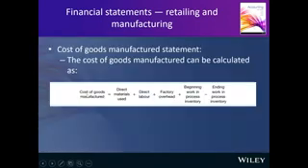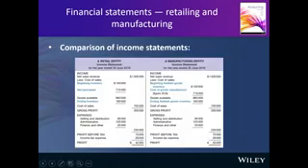Okay. So this is the formula that I showed you before this. Cost of good manufactured: direct material plus direct labor plus factory overhead plus beginning work in process inventory minus ending work in process inventory. So this helps you to determine your cost of good manufactured.